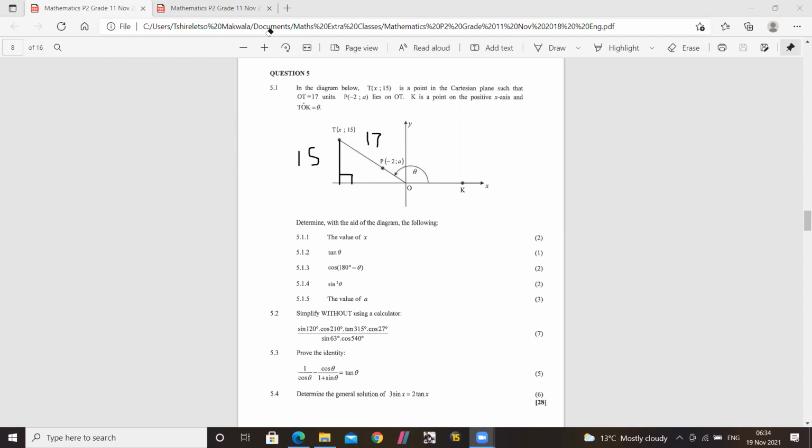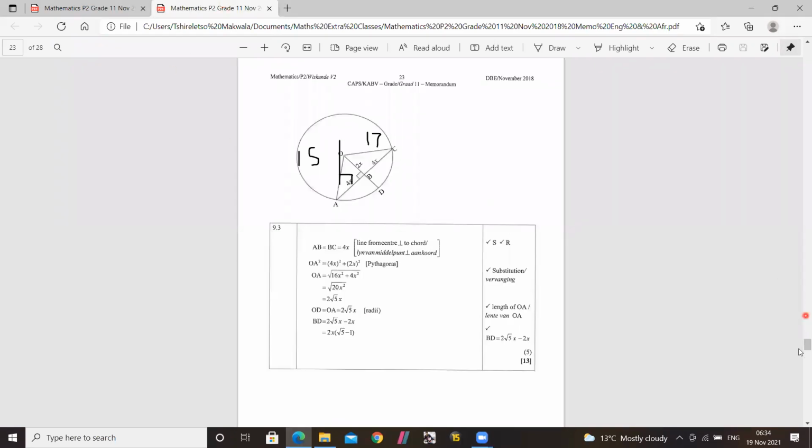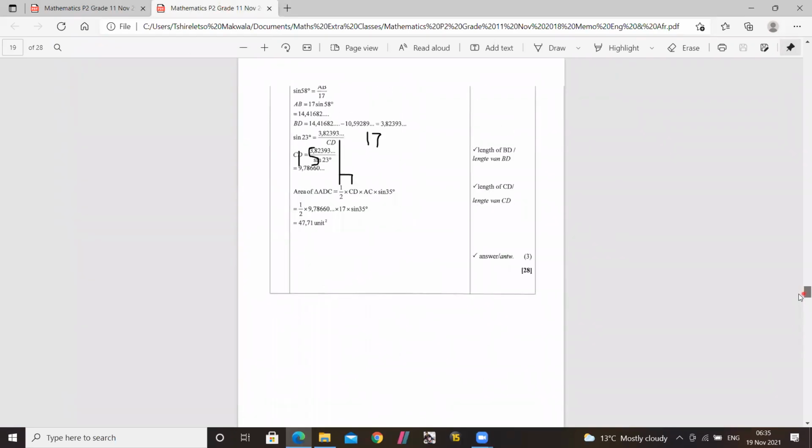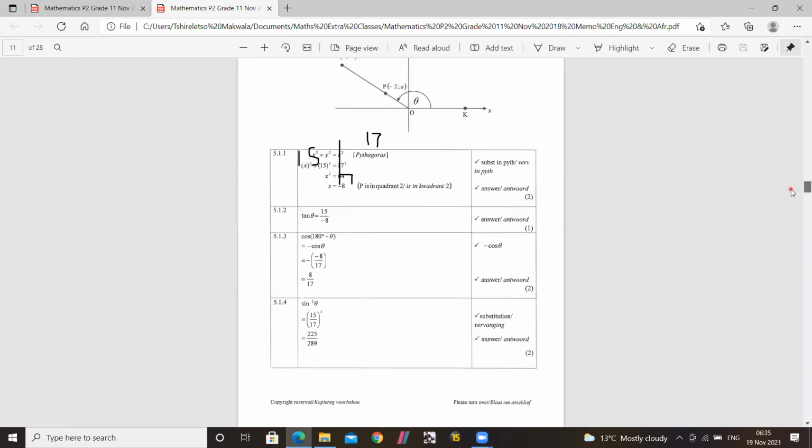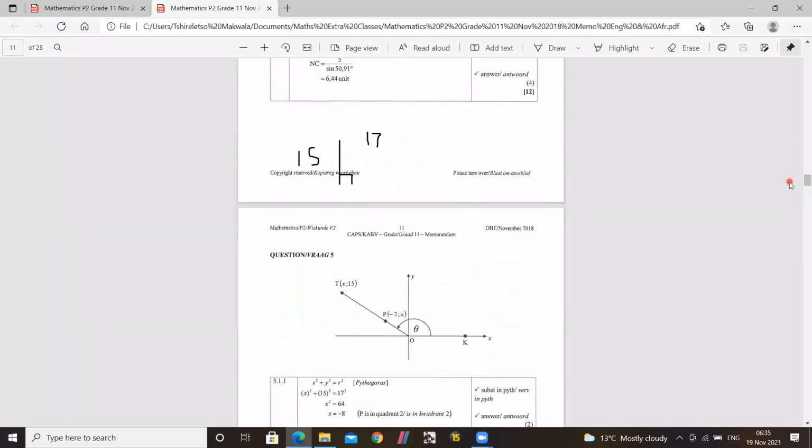Then let's go to the memo and show you the answer here. As you can see, they got -8 as the answer, because x is on that side.